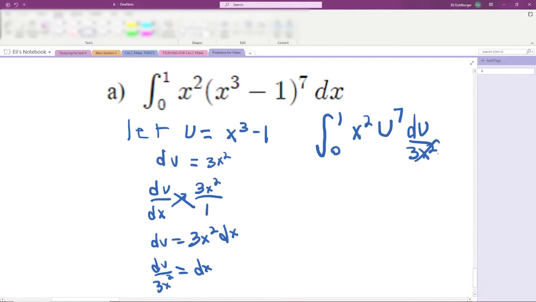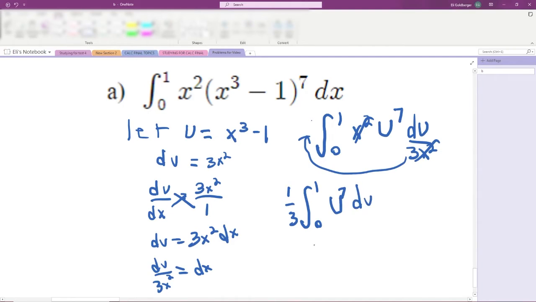And right away we'll notice these x squareds should cancel out, and then we'll bring this 3 out to the front, which is actually 1/3 because it's being divided by 3. So what we're left with is 1/3 times the integral from 0 to 1 of u to the 7th du.